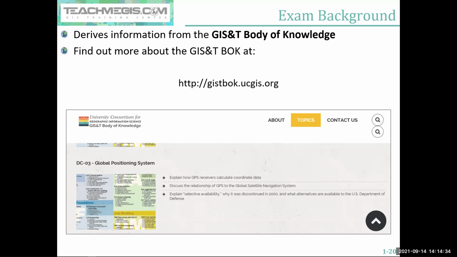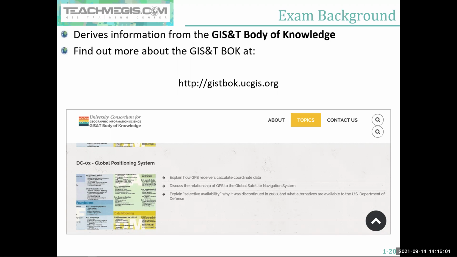So if you're going to be a GIS professional and you're going to have a class in data modeling, well, there are a bunch of topics that should be covered in any university data modeling program. Okay, so this GIS and T body of knowledge is used by professors when they're developing curricula for a class, either training manuals, training books, or a syllabus for a class, right?